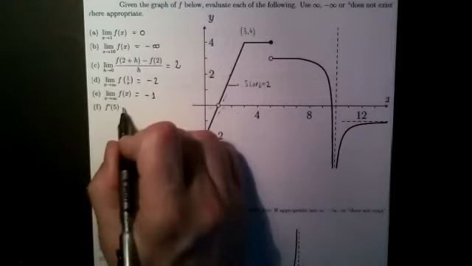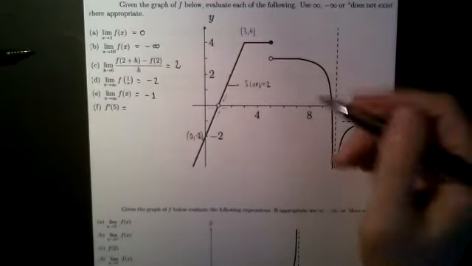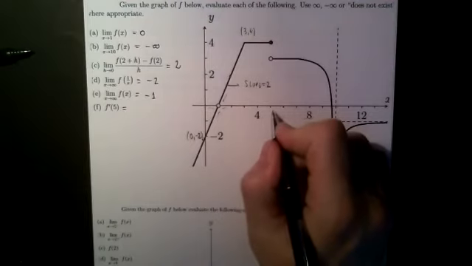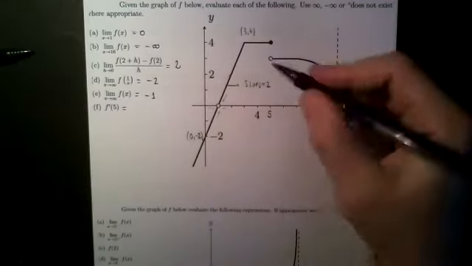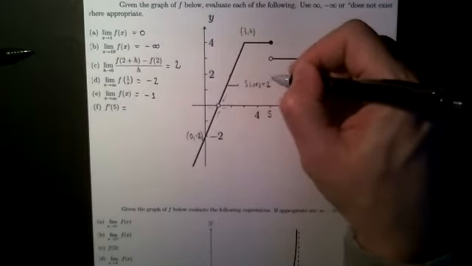Okay, and then f prime of 5. F prime of 5. So Erica? I don't know. You don't know? So let's do it together. So at 5, which is right here, what is the slope of the tangent at 5? What happens at 5?